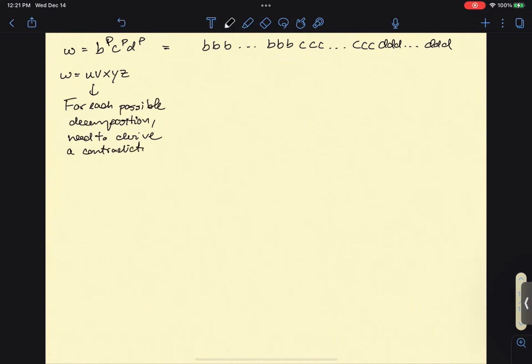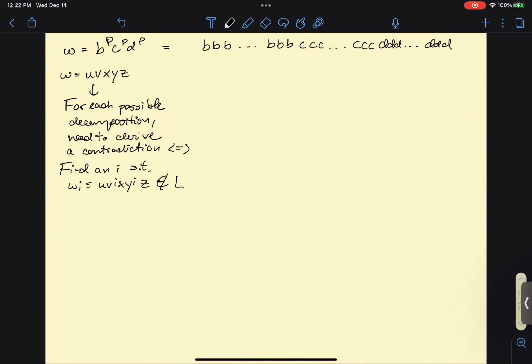In other words, I need to find an i such that w_i, which is UV^iXY^iZ, is not in L. The only difference now is that the V and the Y can be anywhere. They can't just be at the beginning. Okay, so let's do that.